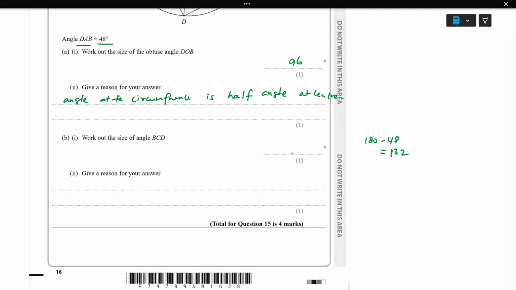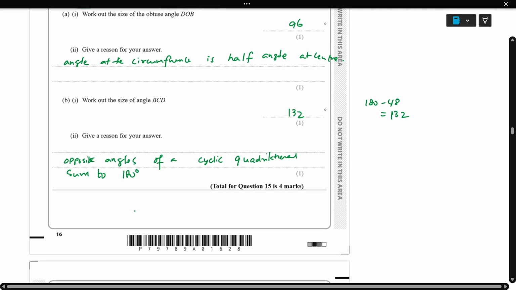So the answer is 132 degrees. Also give the reason. The reason is opposite angles of a cyclic quadrilateral sum to 180 degrees.